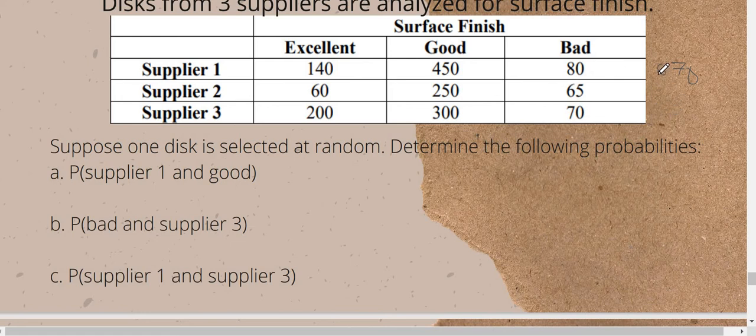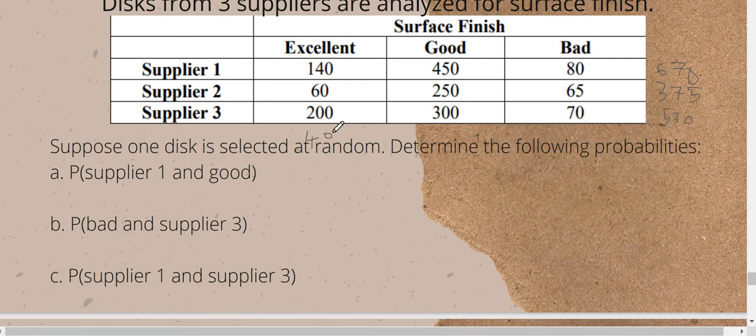For supplier 2, you will have 375. And how about supplier 3? The total will be 570. Alright, so that is the total for each supplier. Now you find out the total for each of the surface finishes. For excellent, you have 200 and 200, so you have 400 here.